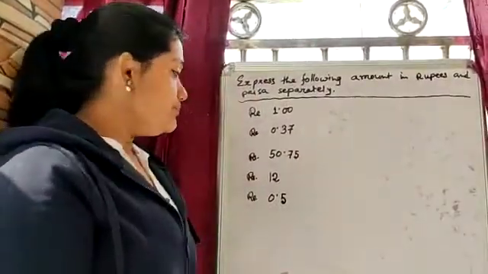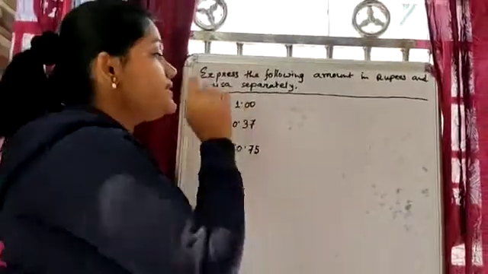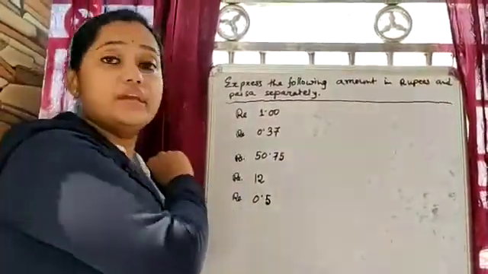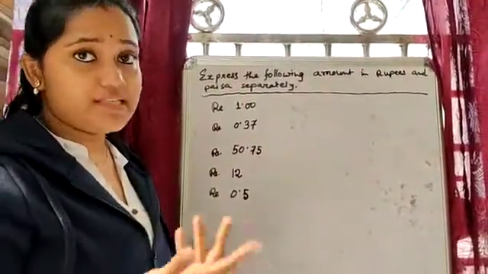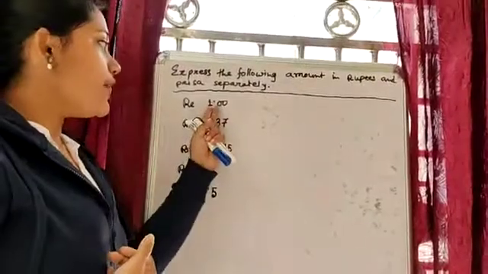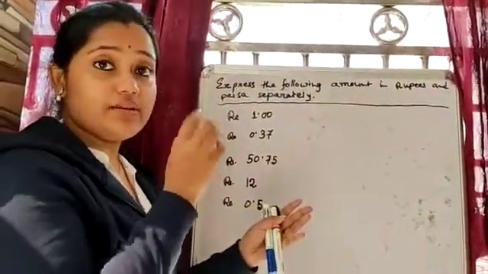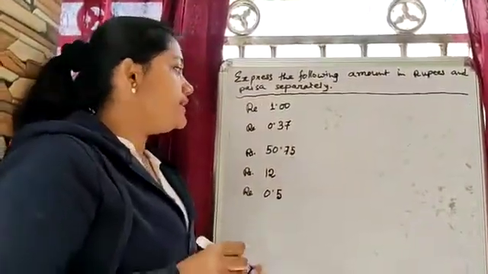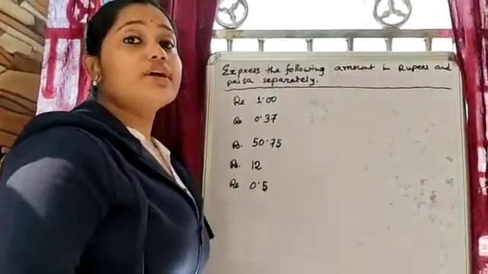Okay. So what have we learned? The first question is 1.00 rupee. 1.00 rupee is equal to how many rupees and how many paisa? After the decimal point, 2 digits represent paisa. Here both of these are 00. So what does it mean?